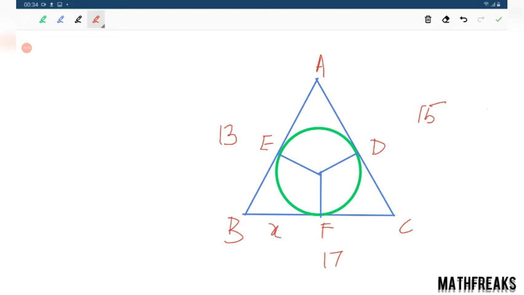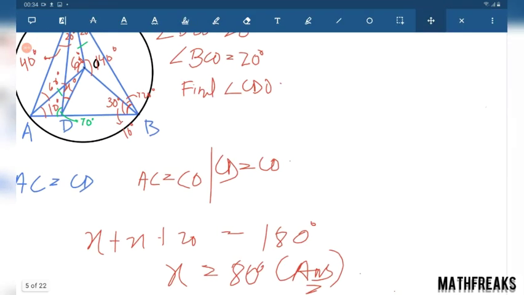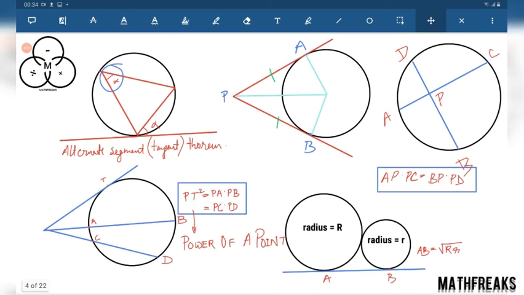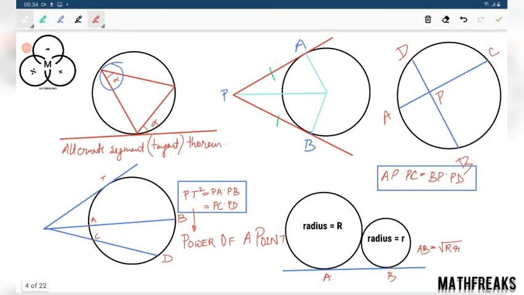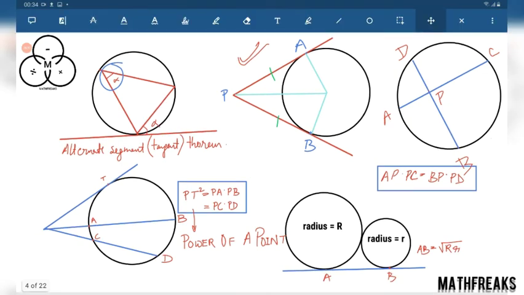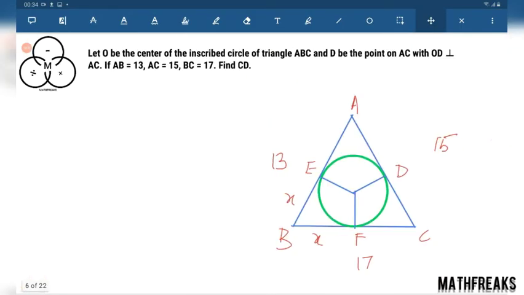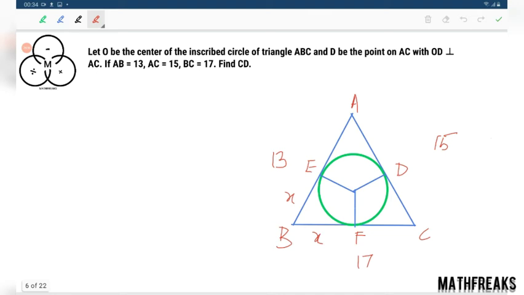This is x, then this is also x. Just now we have shown this theorem: the lengths of tangents from a point are equal. This is y, this is y, this is z, this is z.